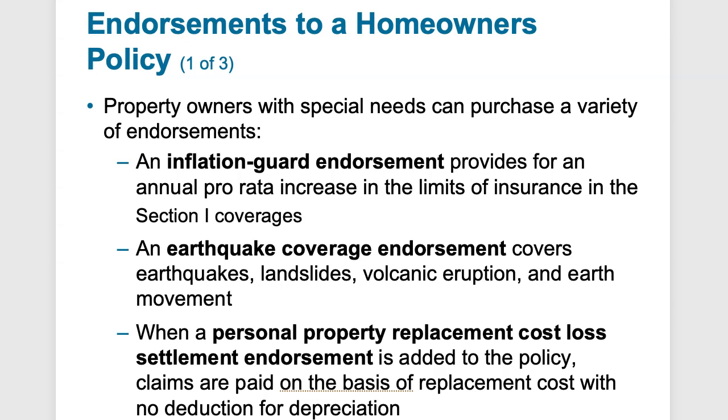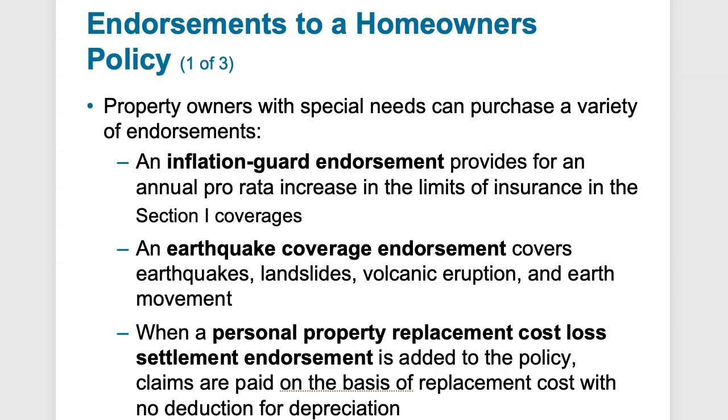This percentage should be stated, whether it's tied to inflation or 3 or 5%. And this is going to help keep your policy up to date with the correct valuations of today based on these inflationary forces, so that you don't get stuck not having enough money to rebuild in case of a major event.